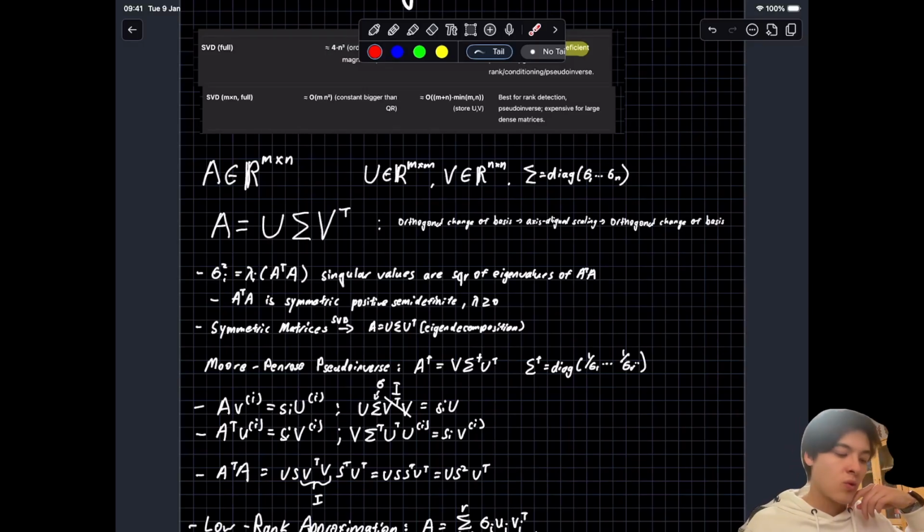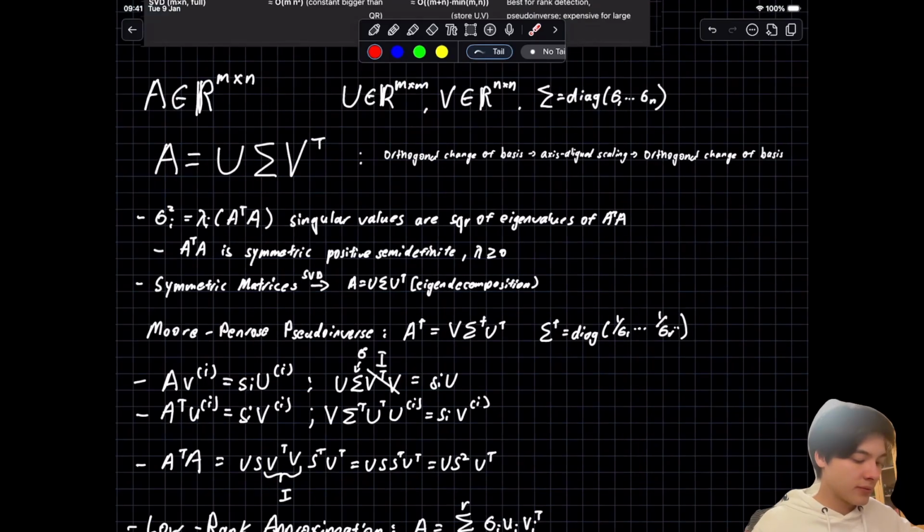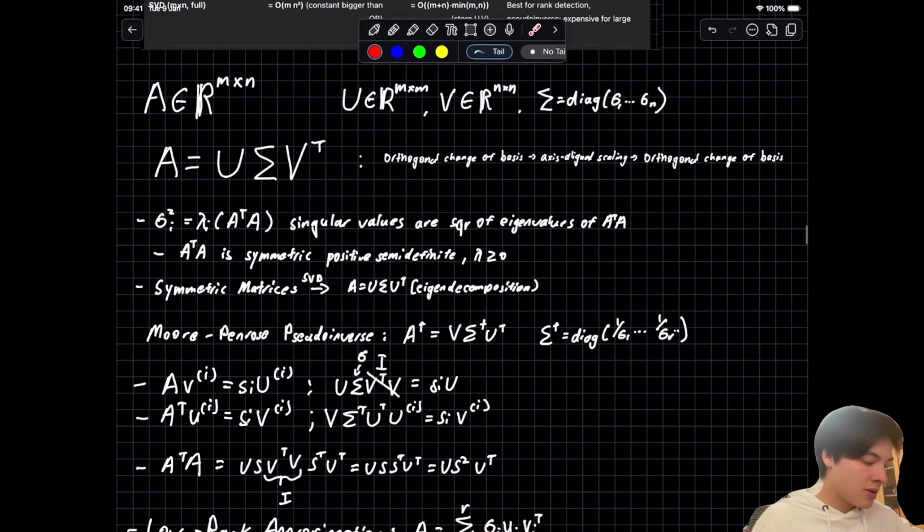And then we do the scaling, so in each eigenvector direction we scale it, and then we rotate it into the solution space, the output space. The squares of the singular values are the eigenvalues of A transpose A.